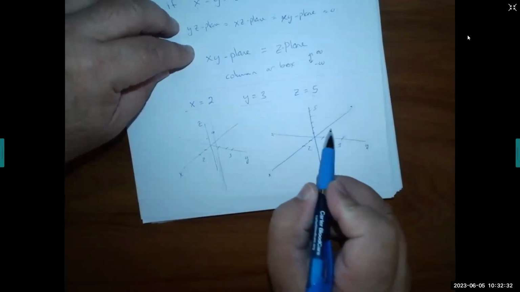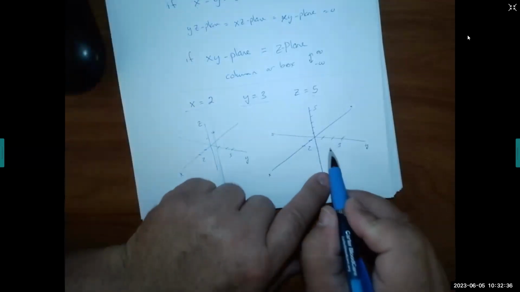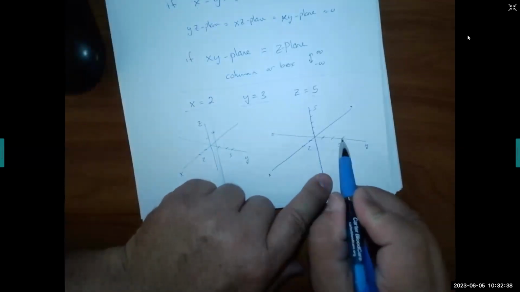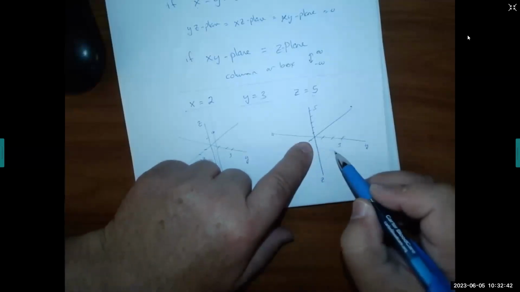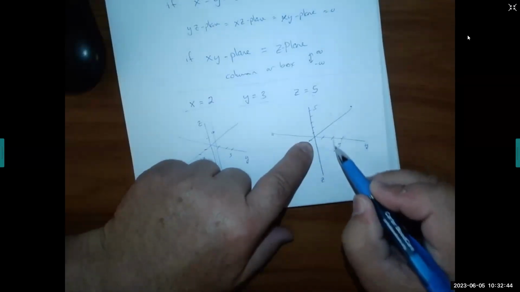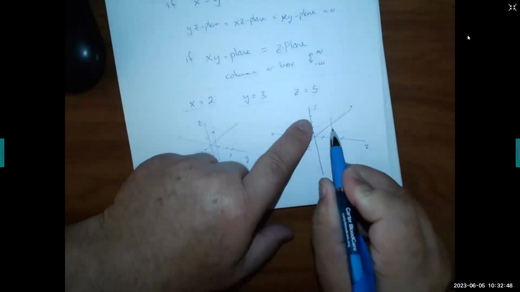So what we have to do here is go up 5, because it has to follow this. So it goes up. There's 1, 2, 3, 4.